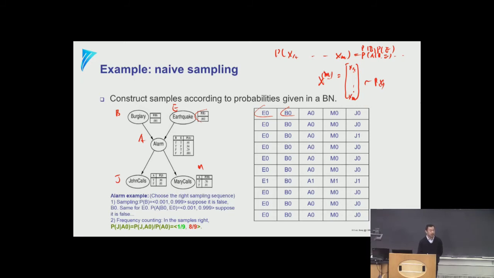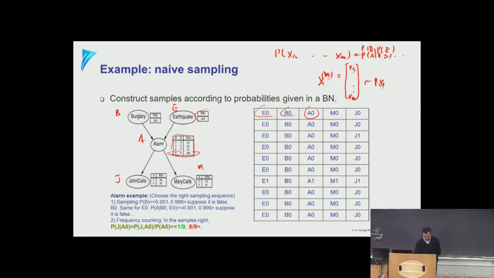And then conditioning on E being 0 and B being 0, you index into this conditional table to see which row to use to draw the next example. False, false, right? That again gives you a very low probability that the alarm goes off.